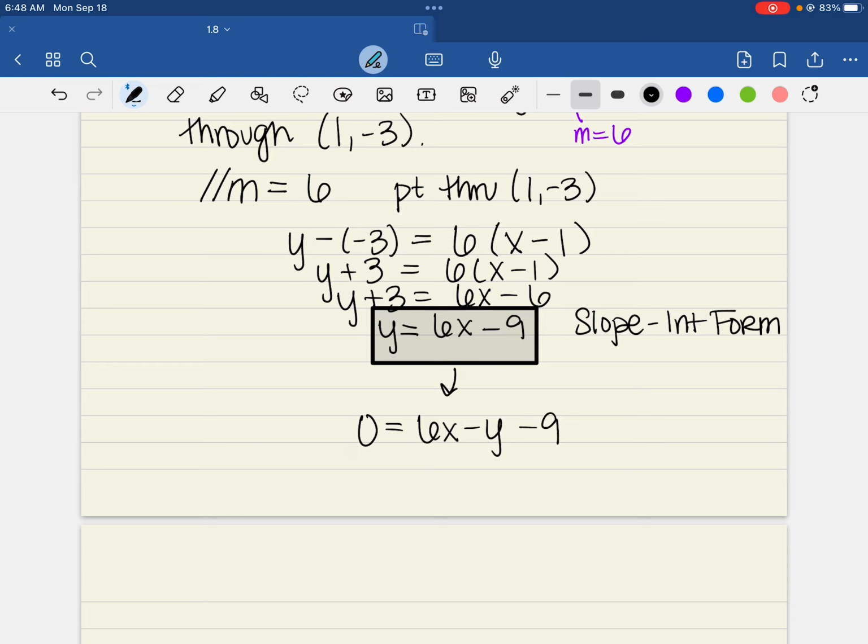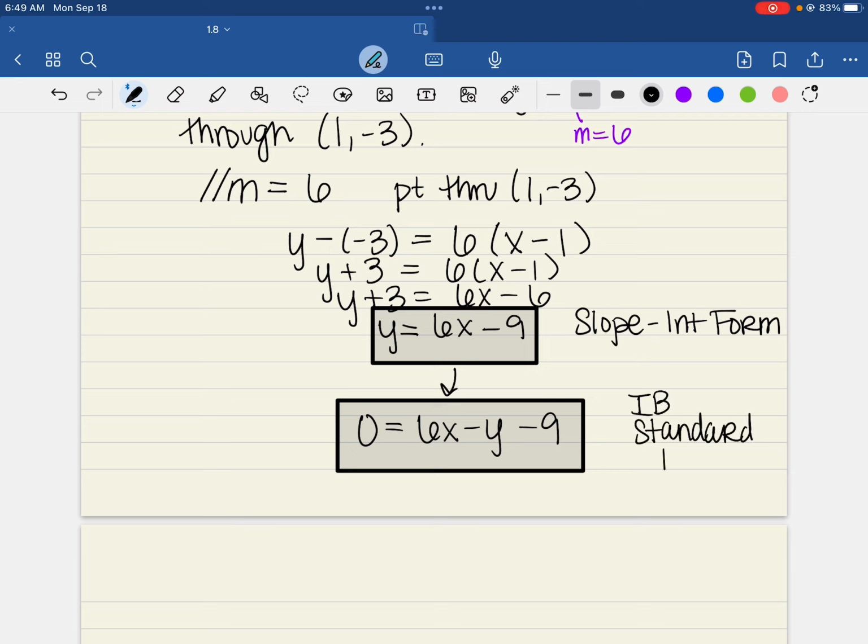And I have a positive x coefficient, and everything is an integer from there. And so therefore I don't have to do any multiplying or manipulating, and this is in fact IB standard form. So we've answered our question.